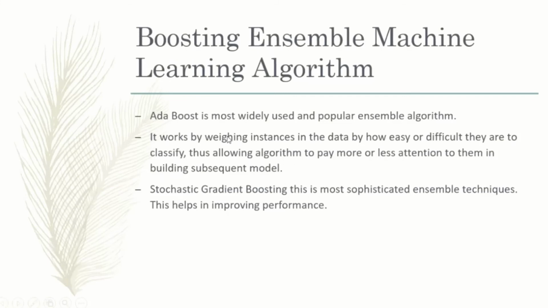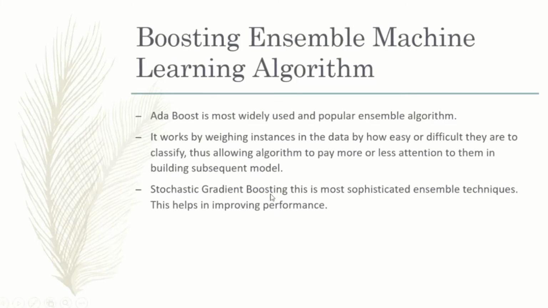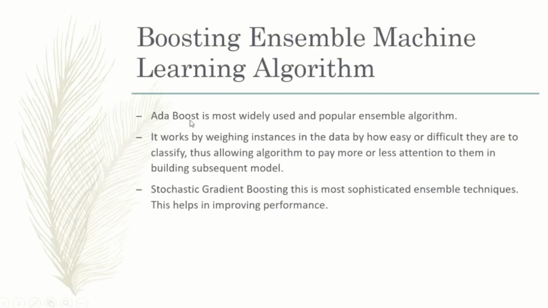So the model identifies which parameters are important, chooses them and builds the model. Now, stochastic gradient boosting is the most sophisticated ensemble technique, and it gives very good boosting results. It improves the performance of the model, and your model can predict with good efficiency and accuracy on unseen data. We will see in our practical videos how these work with the code.